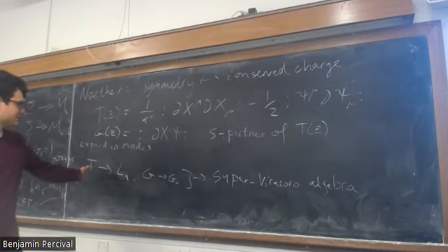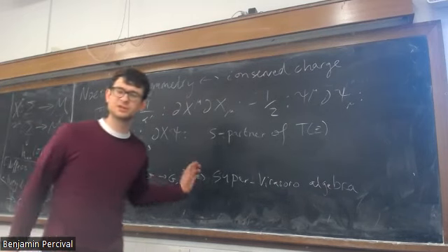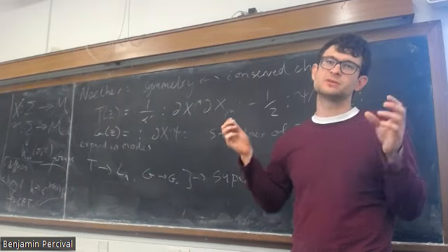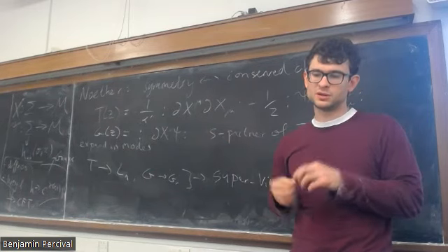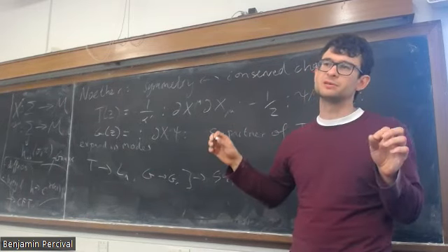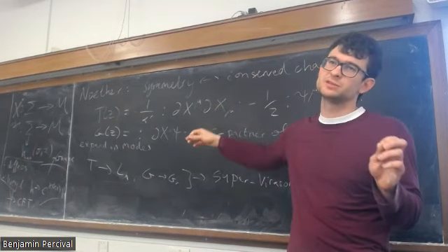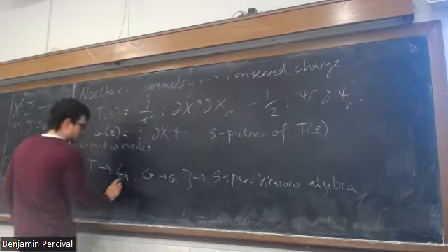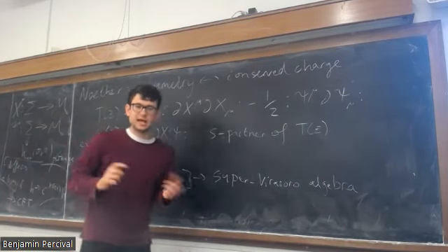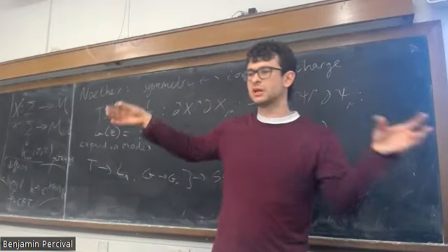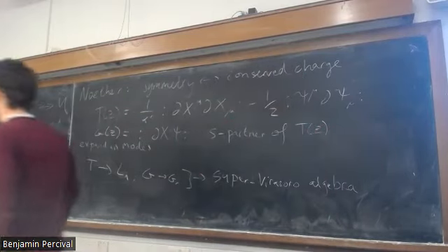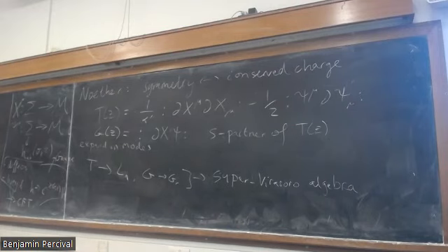The super is because you've got the supersymmetry between T and G, and the Virasoro algebra is just a certain type of commutation relation with what's called a central extension. If you look at the commutators of Ln with Lm, then they form what's called a Virasoro algebra. But you'll see that in notes on the subject and in other places.